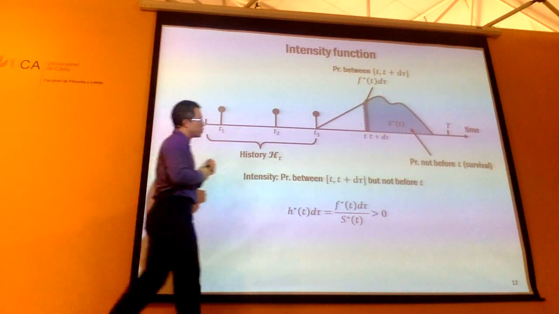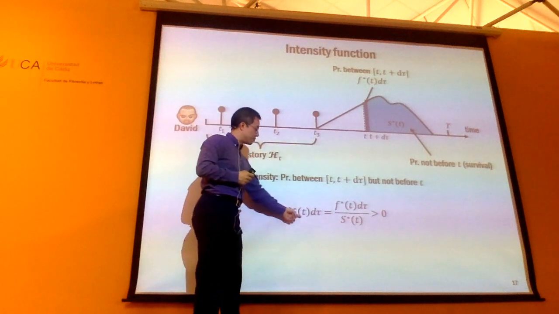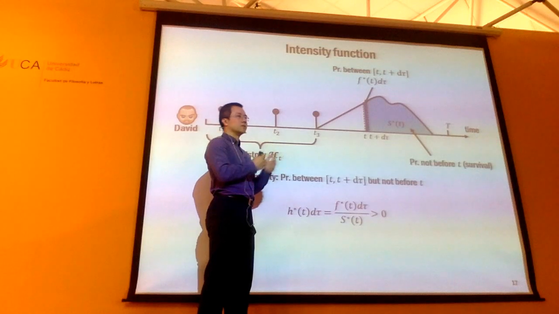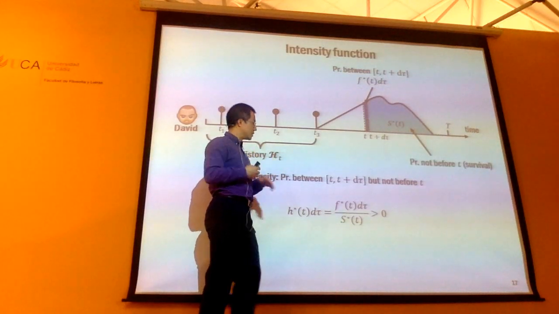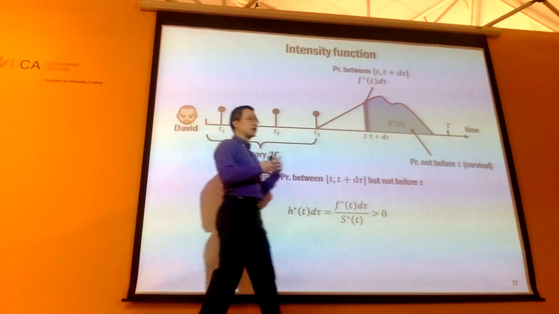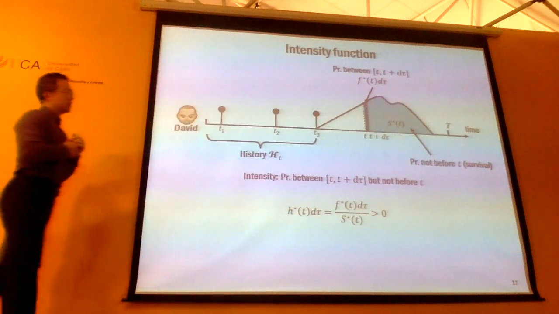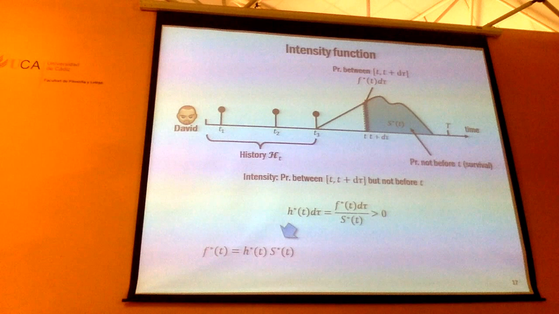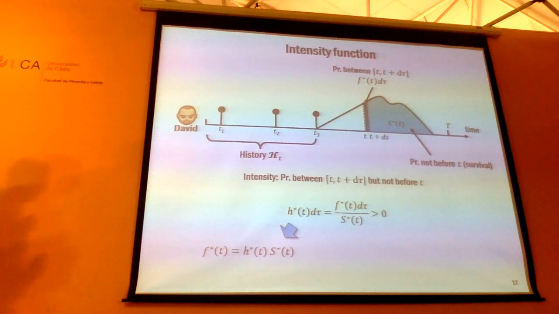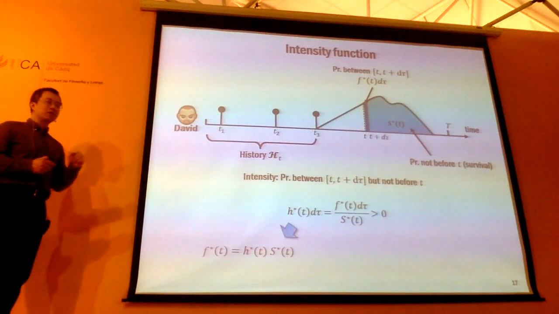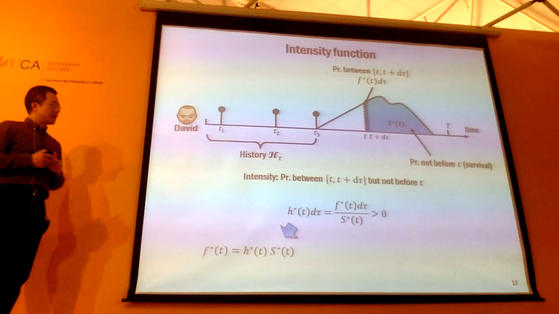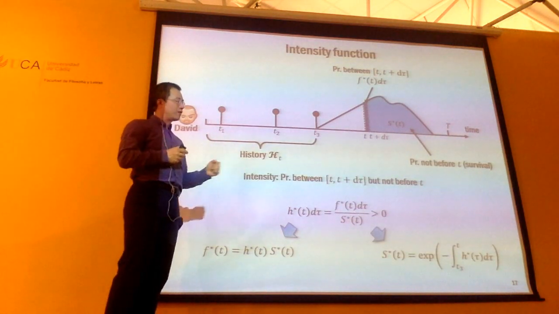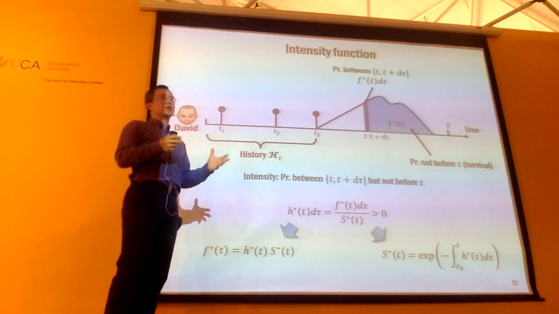If you look at a small time interval, the intensity function means that, given that the event hasn't happened between 0 and t, it is the conditional probability that it will happen in this small time window. It's also linked to the density: the product of the intensity and the survival function gives you the density, right? And there's another, more complicated relationship: we can also get the survival function from the intensity function alone.